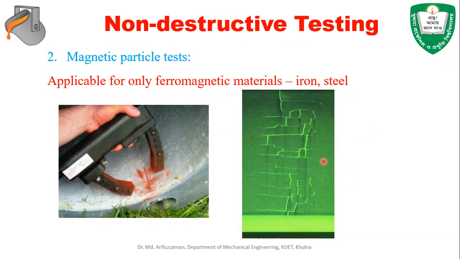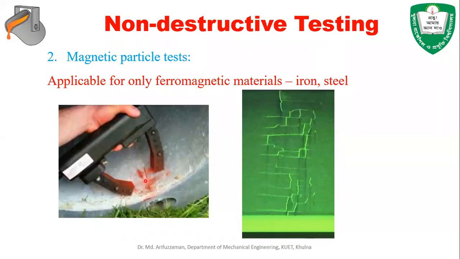Okay, and that is why, if you want to test without the fluorescent particles, with only iron powders, then you use this kind of device which creates the magnetic field from here to here. Okay, one is the north pole, one is the south pole, and the magnetic field is created, and you just rotate it.